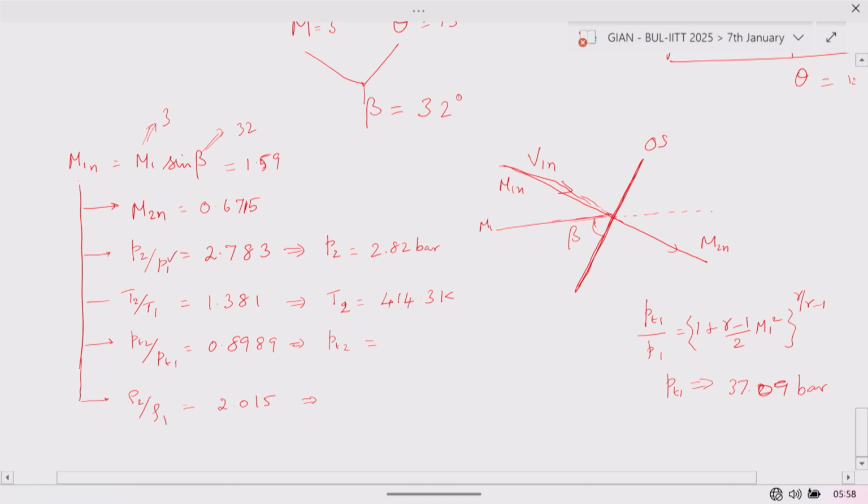So what will be the value for PT2? 33.84, 34. PT1.